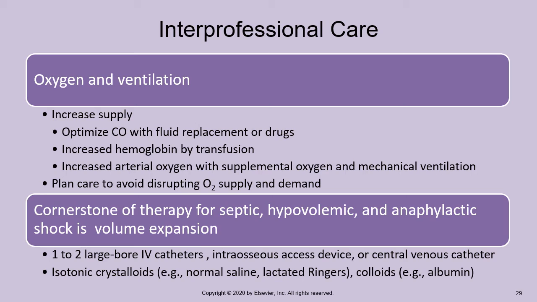Plan care to avoid disrupting the balance of O2 supply and demand. Space activities that increase O2 consumption, such as endotracheal suctioning and position changes, appropriately for O2 conservation. Intermittent or continuous monitoring of the SCVO2 by central venous catheter or mixed venous O2 saturation, SVO2, may be helpful.